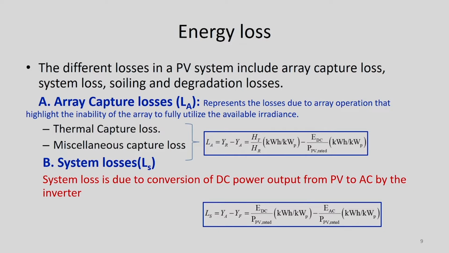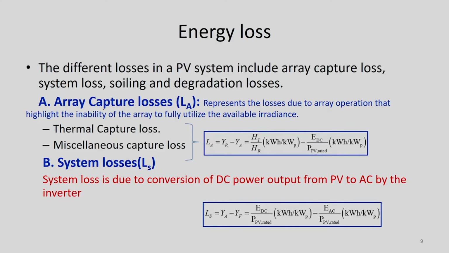Now, what we are interested in is energy loss. Different losses will take place in the PV system, which include array capture losses, system losses, soiling and degradation losses. Primarily we can categorize these losses into two major groups.